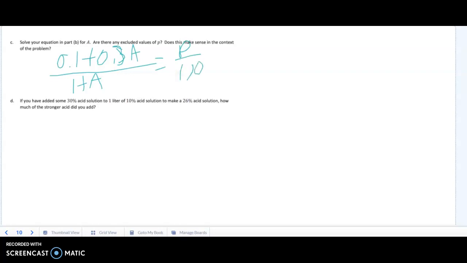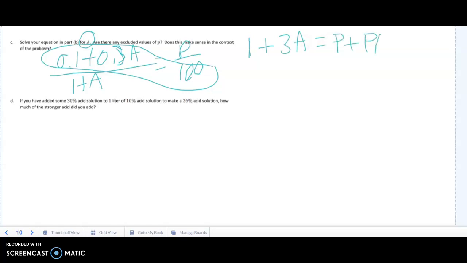You're going to solve for A. Once again, all we got to do is cross multiply. That works out well because it's going to leave us with 1 plus 3A equals P plus PA.